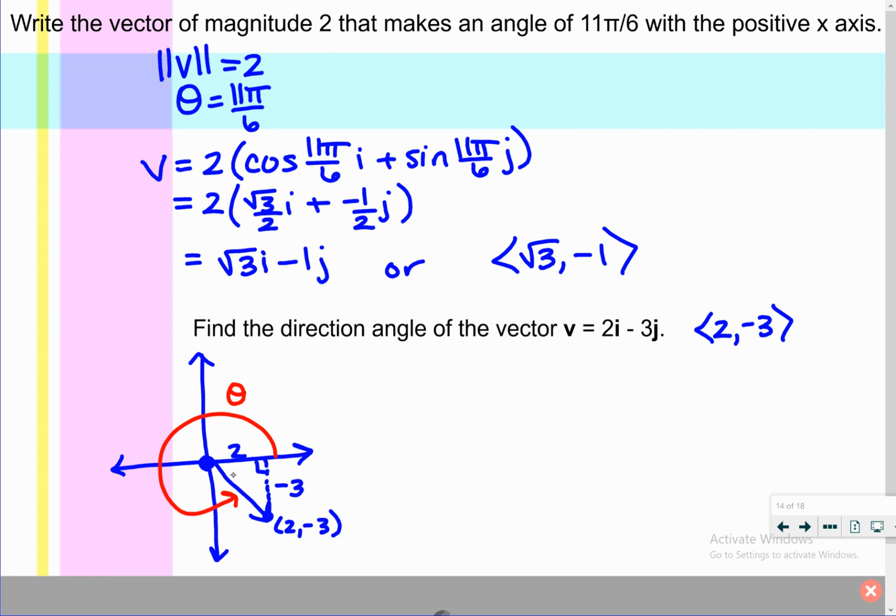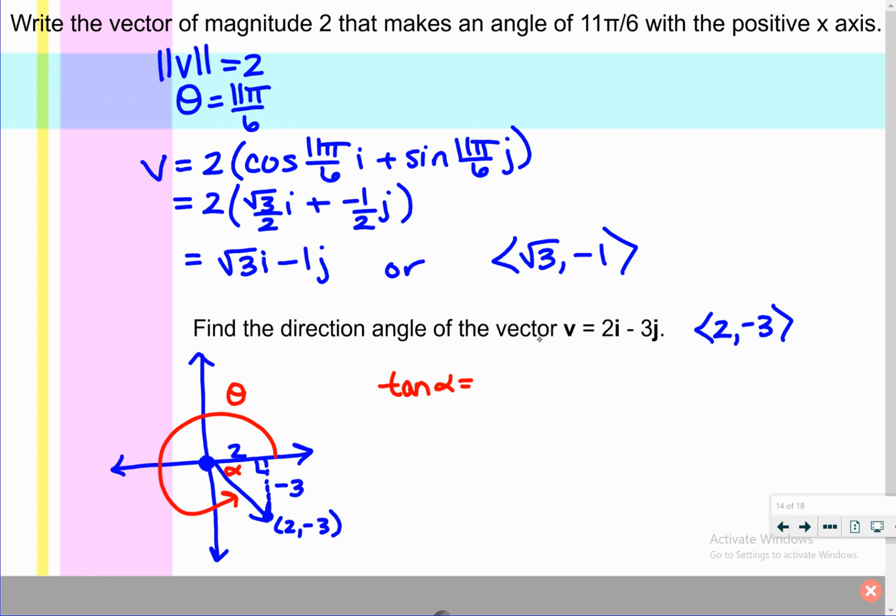If I want to find theta, I'm going to first find alpha, or whatever you want to call it, inside the triangle there, okay? So what trig function could help me find alpha? Sine, cosine, or tangent? It's just right triangle trig right now. This is just tangent.